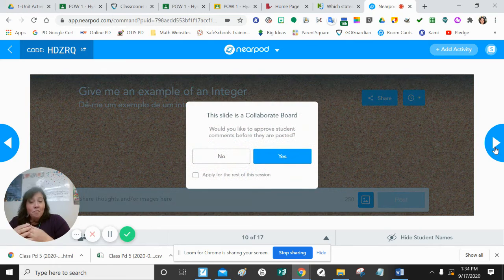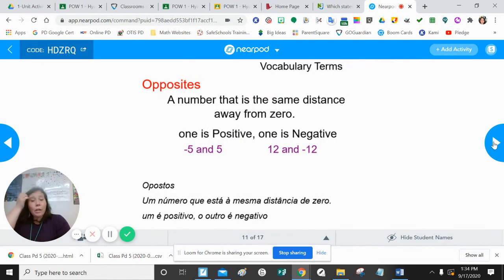So I asked everybody to give me an example of an integer, and everyone wrote down different whole numbers, positive and negative, and 0 on the board. So now we're looking at opposites. When I think about an opposite of a number, I think about a mirror or a reflection. So every number on the positive side of the number line is reflected, or has an opposite value, on the negative side of the number line.